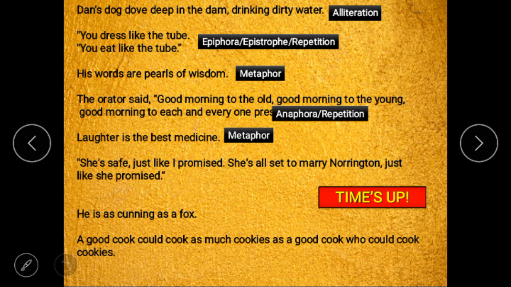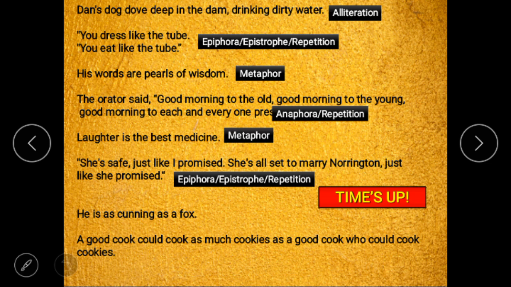She's safe just like I promised. She's all set to marry Norrington just like she promised. Now, this was said by Jack Sparrow. Let's see, first of all, what is being repeated over here. "She," "promised." The answer is epiphora or epistrophe, or you can also call it repetition, because the words are repeated, but they are repeated randomly. That's why it's repetition.